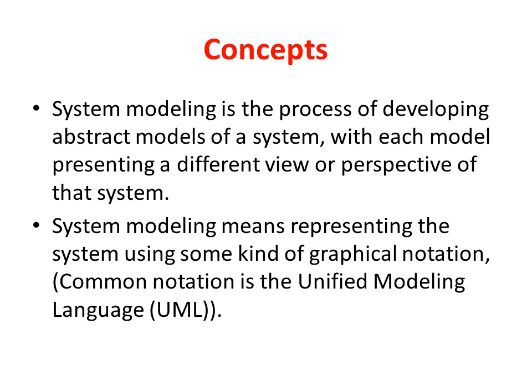System modeling means representing the system using some kind of graphical notation. It is a process where we use special symbols and notations to represent the system from different perspectives. These symbols and notations are standard, and mainly we call it UML, Unified Modeling Language.